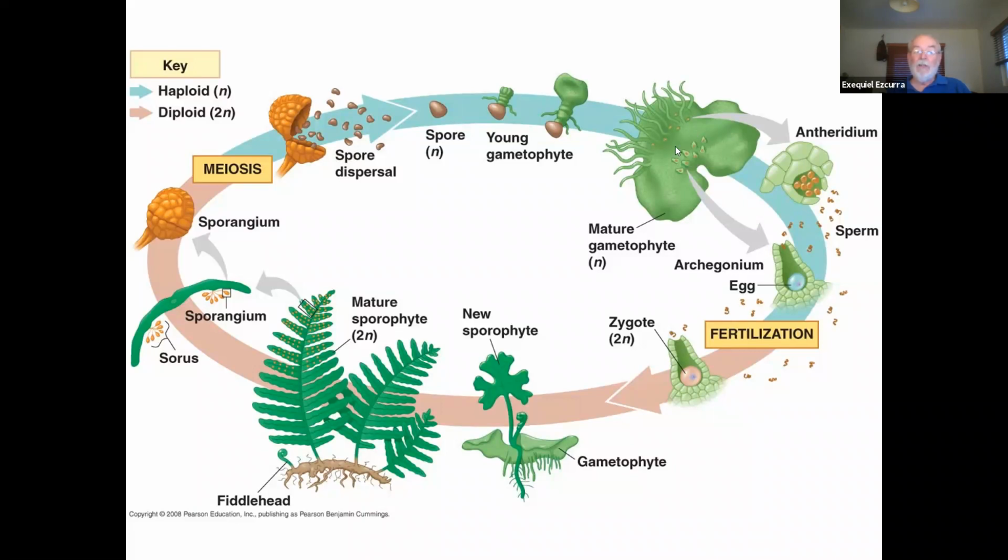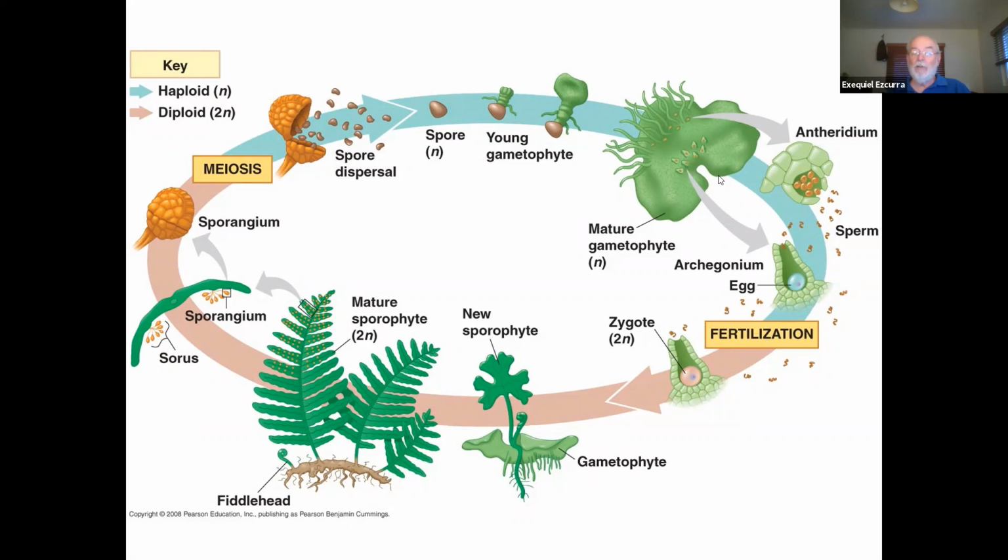It has some rhizoids, which are these hair-like structures that attach it to the ground where it gets its nutrients.